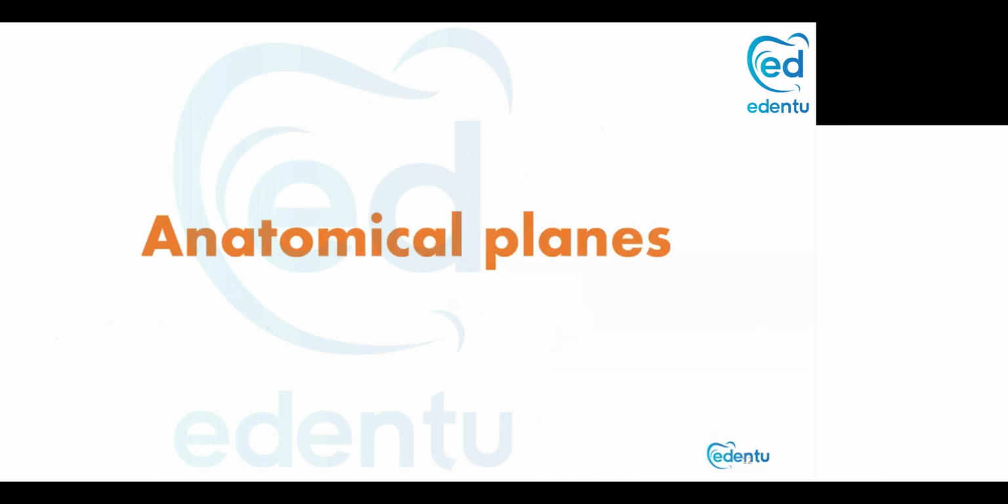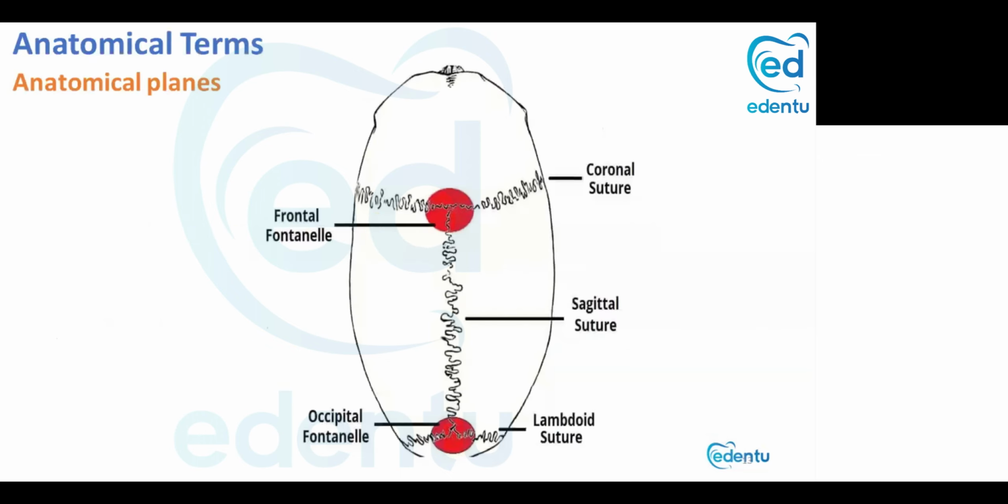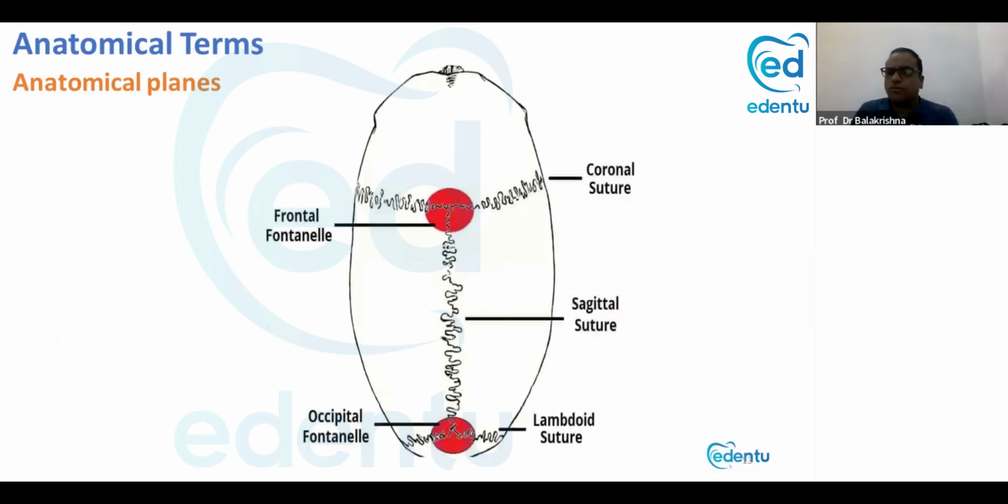Now we'll discuss anatomical planes. You would have seen the overview of the skull. You have got various sutures: the coronal suture, sagittal suture, lambdoid sutures and all. Wherever the suture lines are, if you put a plane on that line, on the coronal suture line it is called the coronal plane.